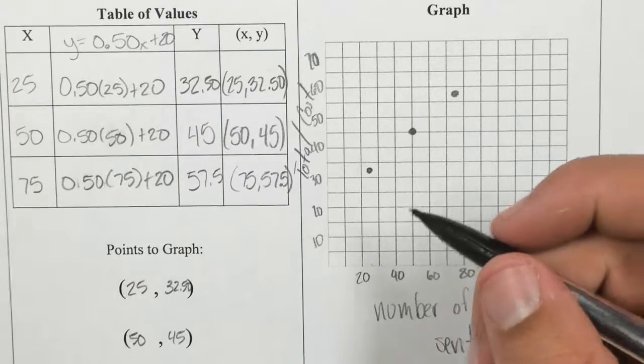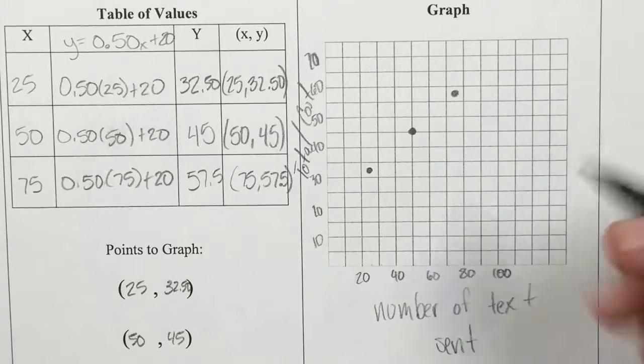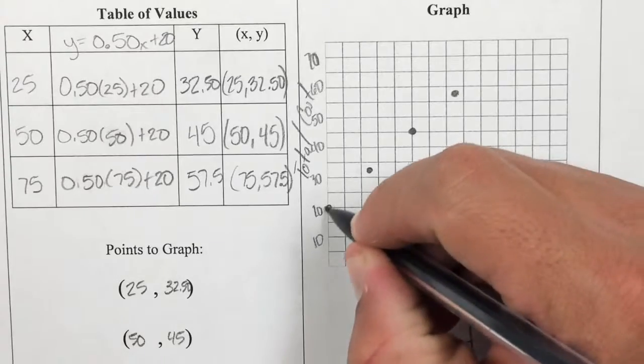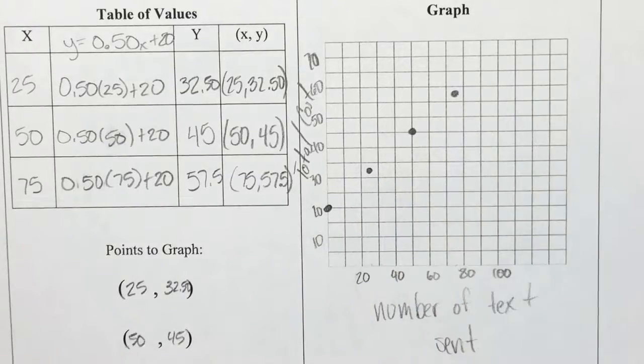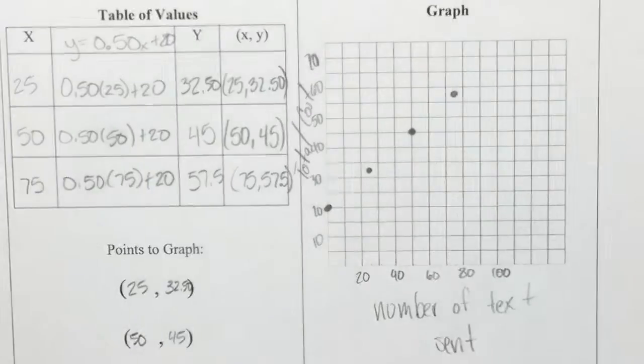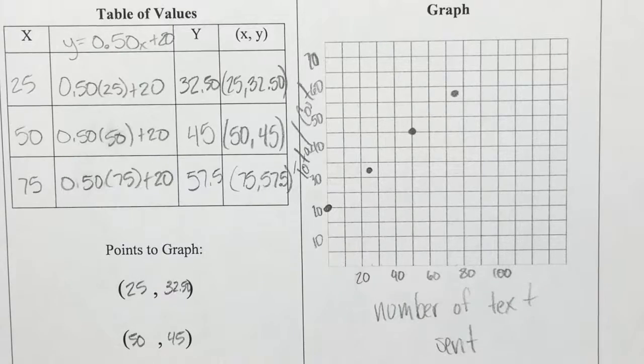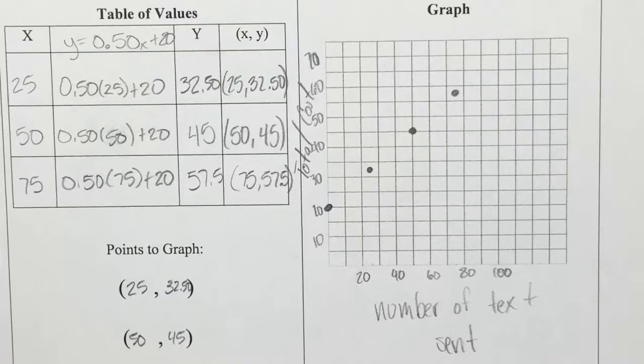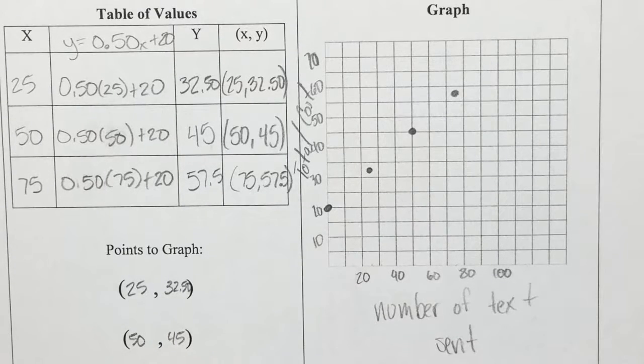And then we want to graph the y-intercept. How much is the monthly charge before you ever send a text? It's $20. Now, do I draw the line or not? Can you send a partial text? No. If you send one letter, that counts as one text. So this is an example of discrete data, and that's it. You don't draw a line.